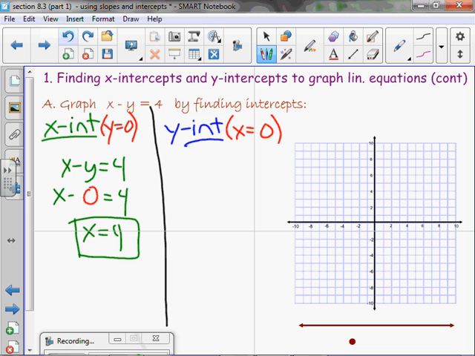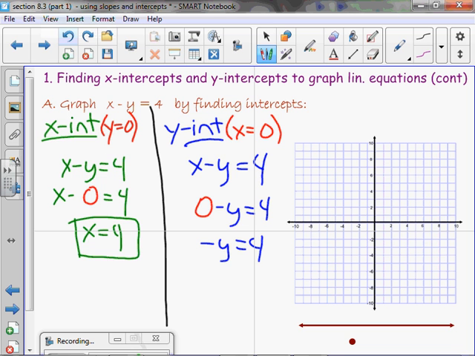And then over here for y-intercept, I know that x is 0, so I start with my equation again. X minus y equals 4. And x is going to equal 0. So I do 0 minus y equals 4, which is just negative y equals 4.